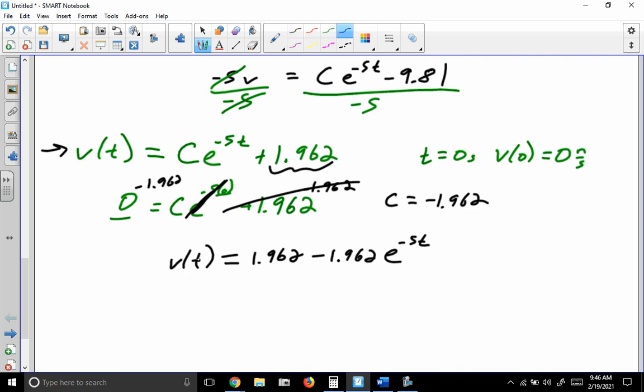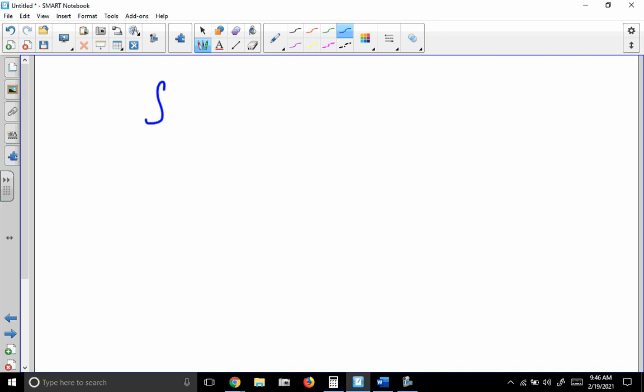Once we have velocity, then we can integrate with respect to time, and that'll give us our position function. So when we integrate velocity, that gives us position. On the other side, let's do that on another page. We're going to be integrating 1.962 minus 1.962 e to the negative 5t.